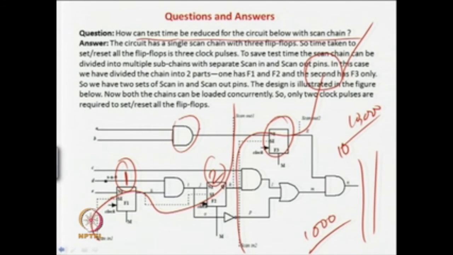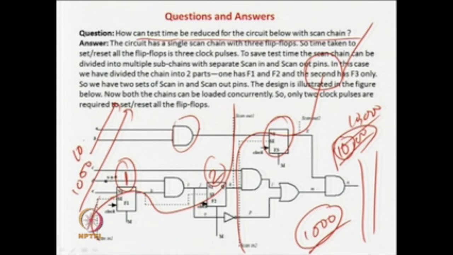If you make 10 chains, then you require 1000 bits to control that. So, let us say I have 10,000 flops and I make 1000 chains.